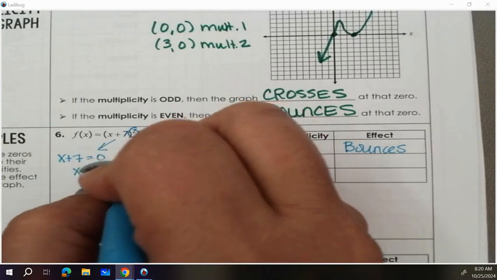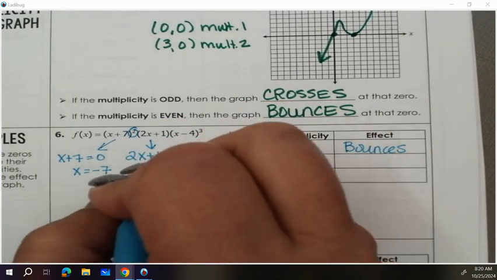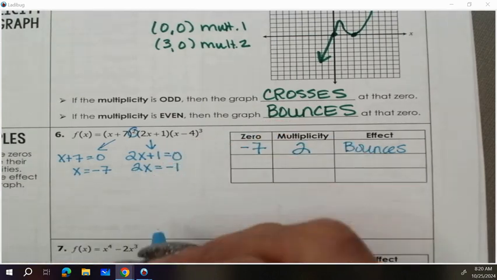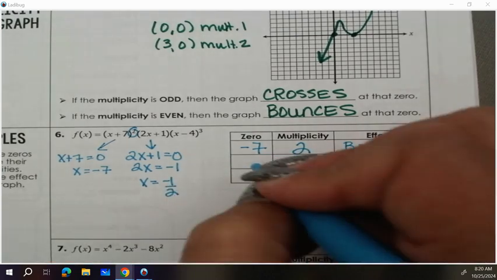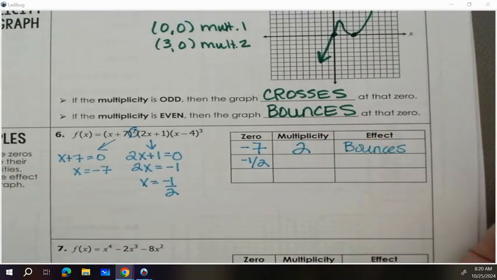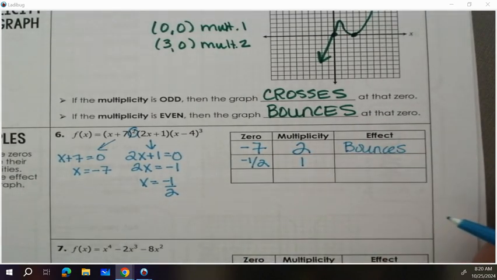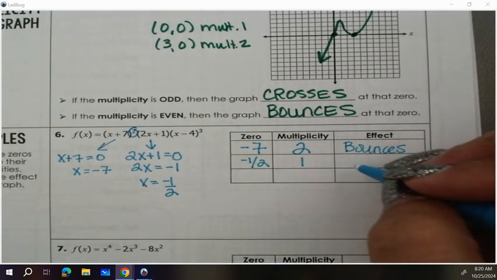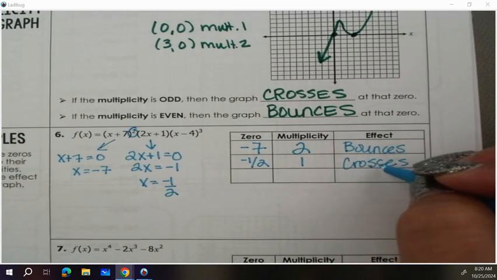Okay, 2x plus 1 equals 0. So 2x equals negative 1. x equals negative 1/2. That's my zero. It's only happening once, which means the graph crosses at that spot because 1 is an odd number.